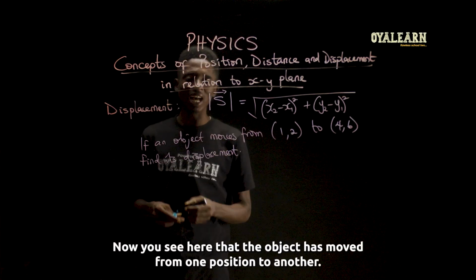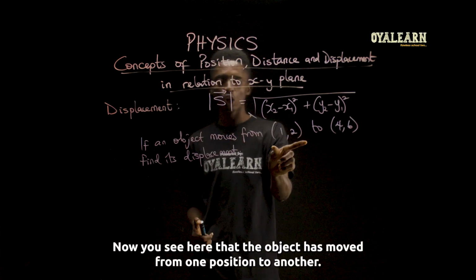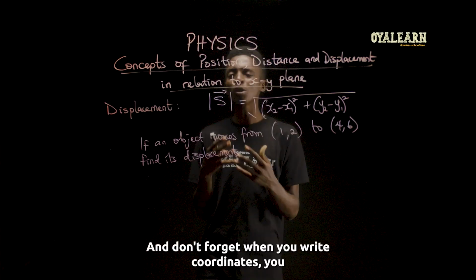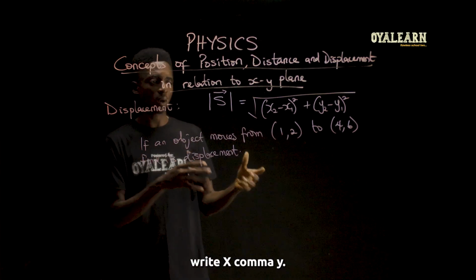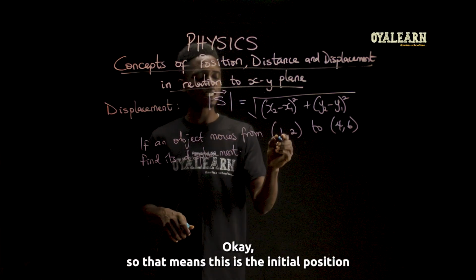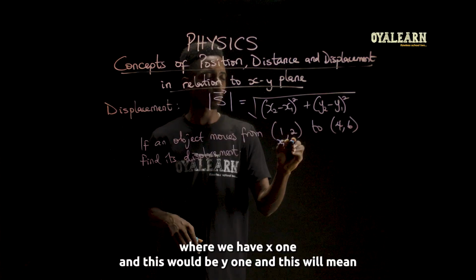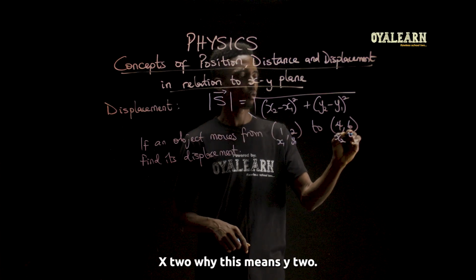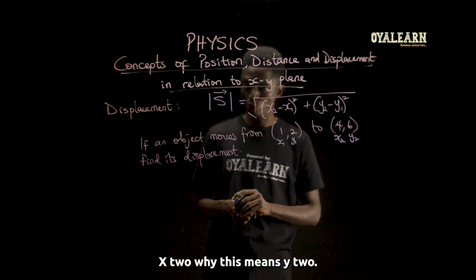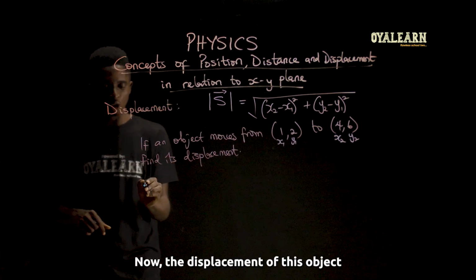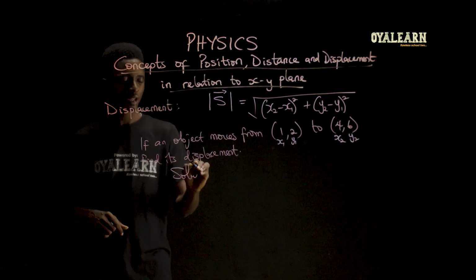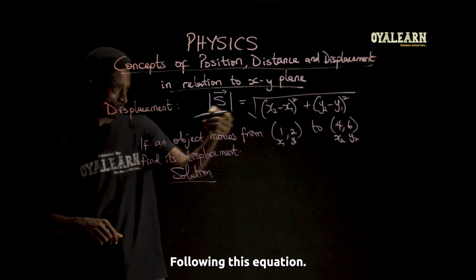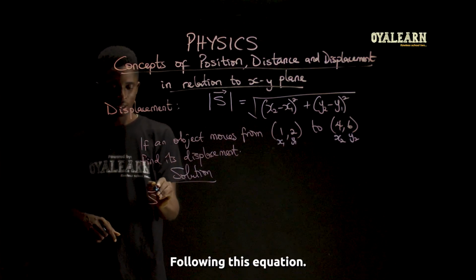Now, you see here that the object has moved from one position to another. And don't forget, when you write coordinates, we write x, y. So that means this is the initial position where we have x1 and this will be y1. And this will mean x2 while this means y2. Now, the displacement of this object will be solved following this equation.